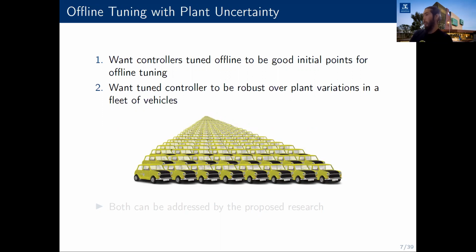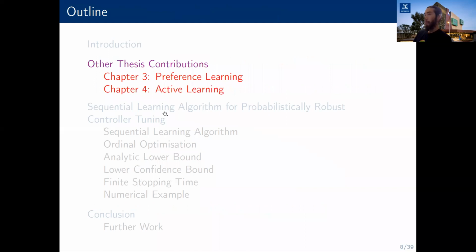So maybe we can also say something about how robust this single tuned controller is going to be across all the plant variations in the fleet of vehicles. And so the research that's being proposed here can address both of these situations.